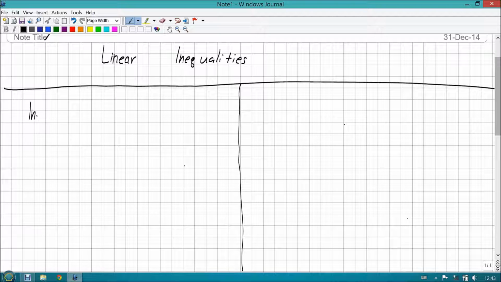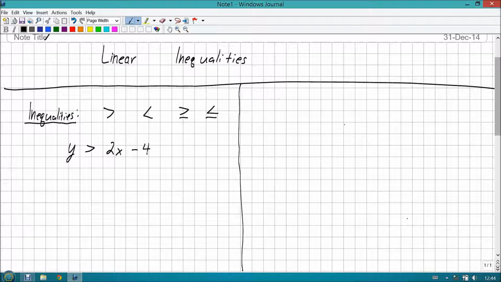So inequalities use inequality signs, which is something like greater than, less than, greater than or equal to, or less than or equal to. Now, from these, we would have something like y is greater than 2x minus 4.